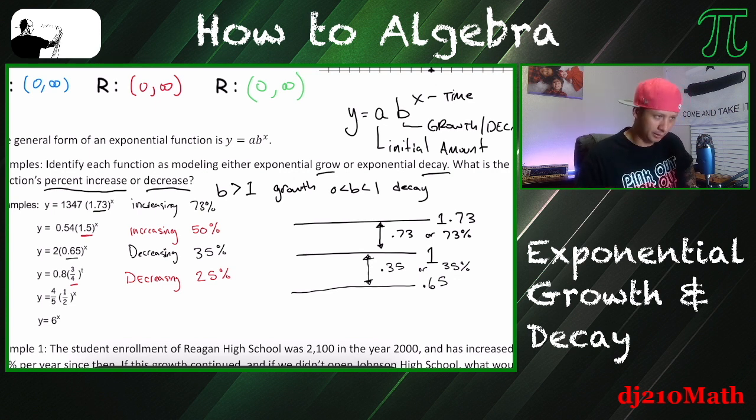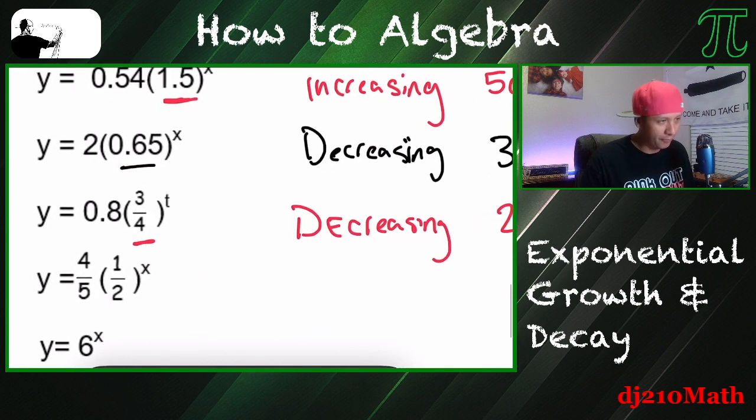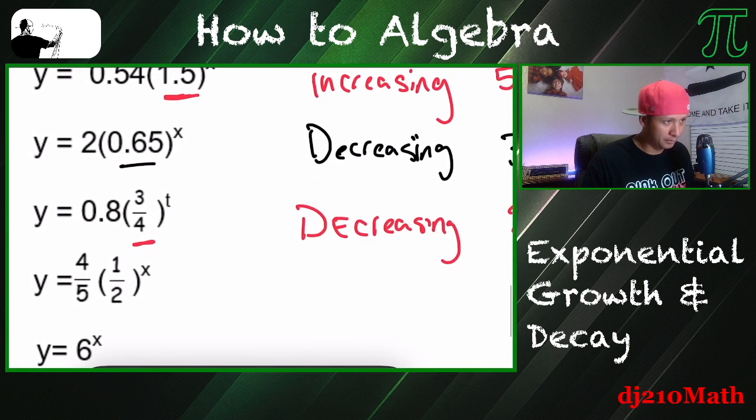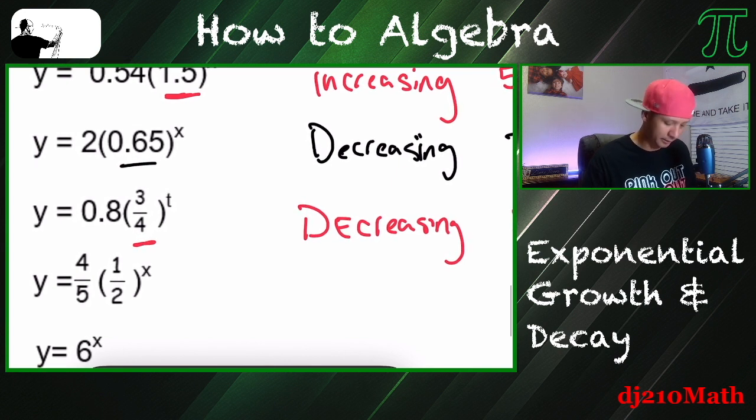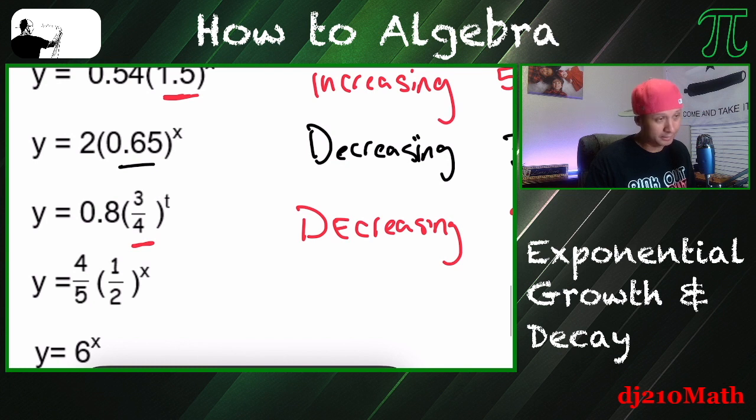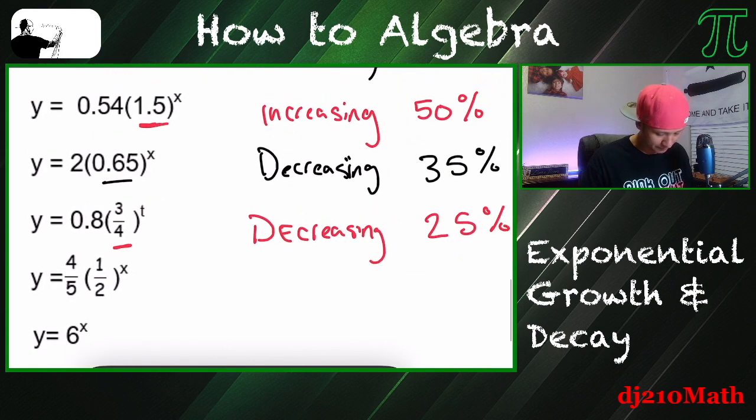But you always want to take a moment and make sure the fraction is actually less than 1. If the bottom number is bigger than the top number, the denominator is bigger than the numerator, then it's less than 1. It's decreasing. But if the top number is bigger, that's growth. Just keep that in mind.